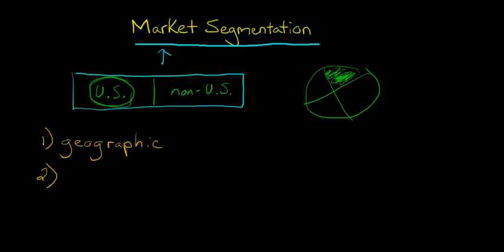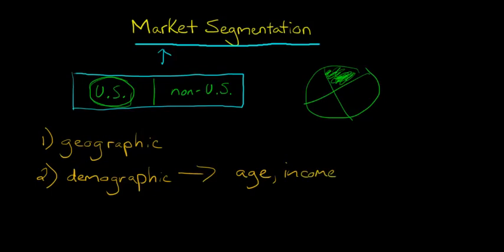Another way to think about it is demographic segmentation. Now I'm talking about the consumer market here, and we're thinking more about a person's age, or their income level, or the number of people living in the household. There's some kind of demographic variable, and for example, maybe everyone aged 25 to 35 is going to be the people most appealed to by our particular product.